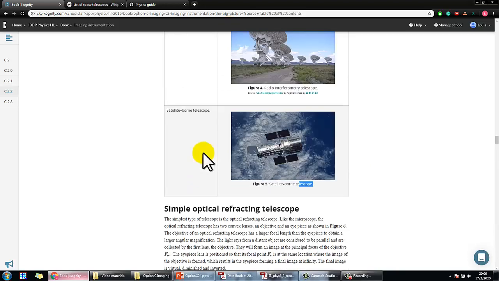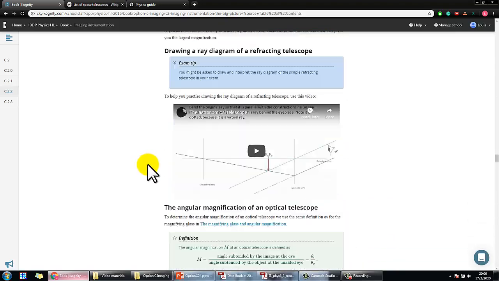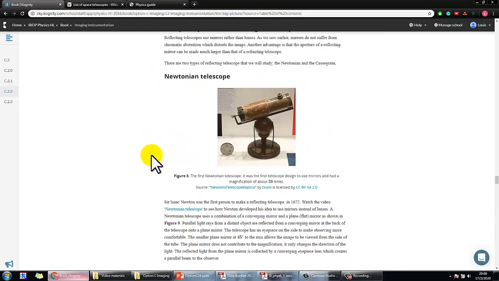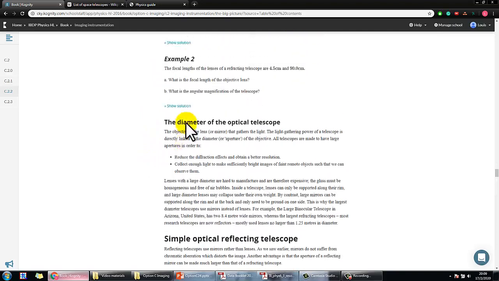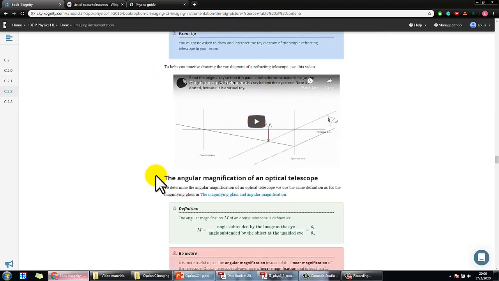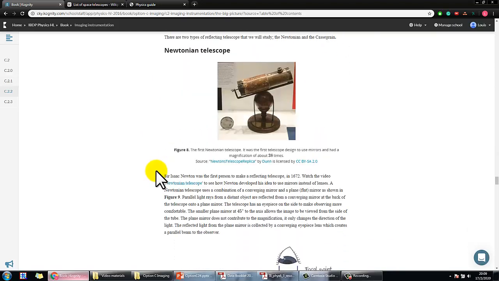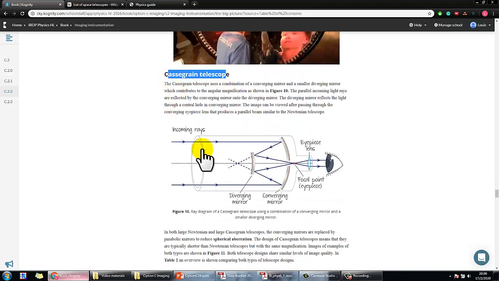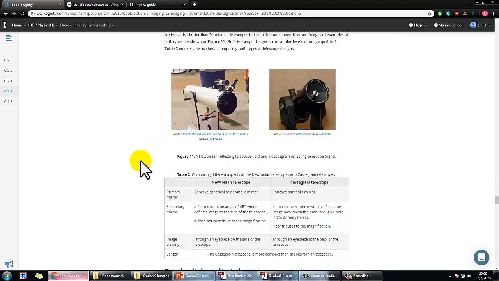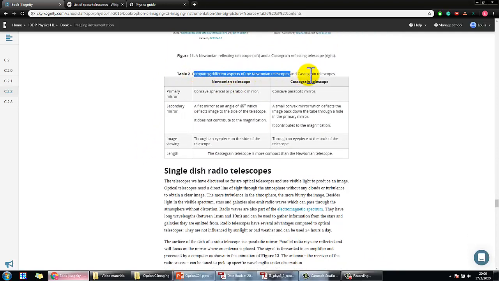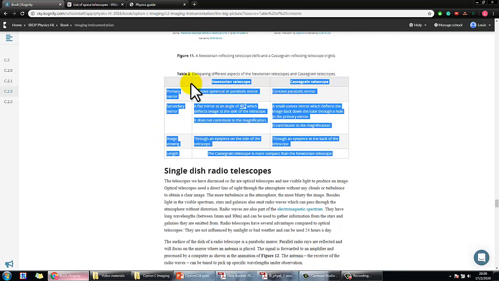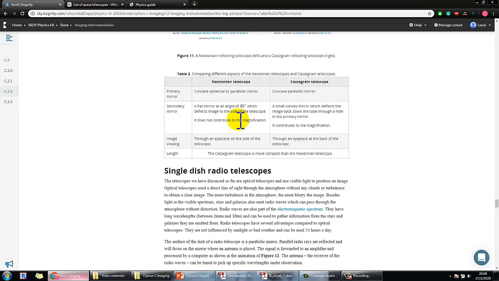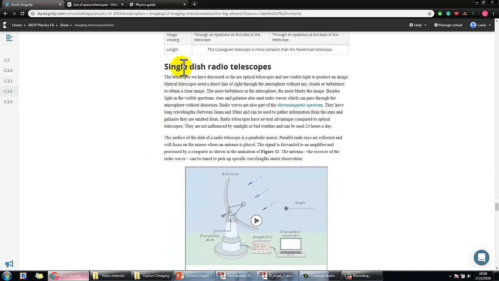These are all the kinds of telescope we will talk about, and it will be nice if you go through the content. I talked about refracting already, and this is Newtonian, and this is Cassegrain. Try to take a look, especially at their diagrams, and there's also a very nice table from Cognitive that compares the two.